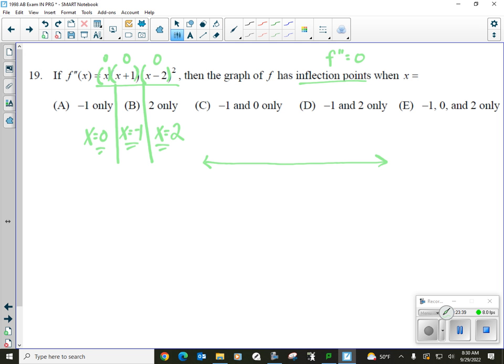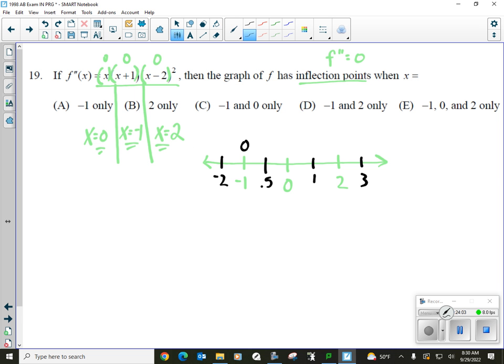But we got to do something else. So here's 0. Here's negative 1. Here's 2. What I need to do is pick values in between. Let's pick 1, 3, 1/2, and negative 2.